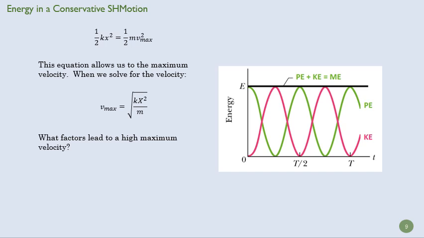And we want to just look at this for a second and think about, well, what leads to a high velocity? A large k, a large spring coefficient, a large displacement, and a small mass. The smaller mass we have, the larger we're going to find is our maximum velocity.